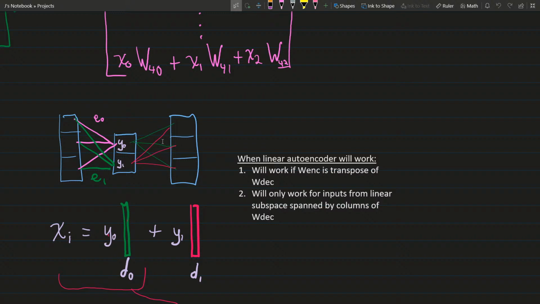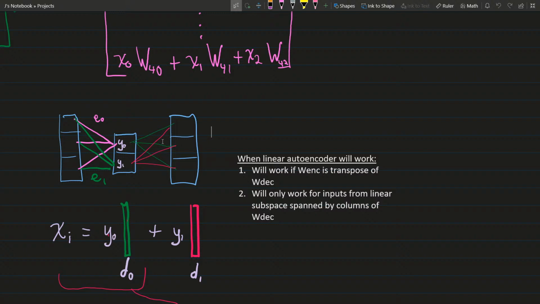You could almost have the decoder weights be random, as long as they contain the data cluster, the autoencoder should work.